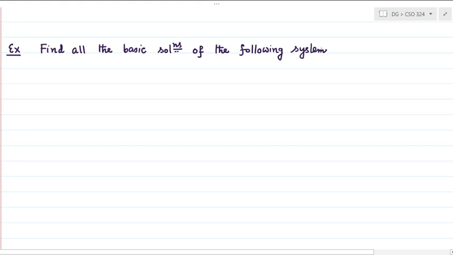The example: find the basic solutions of the following system of linear inequalities.